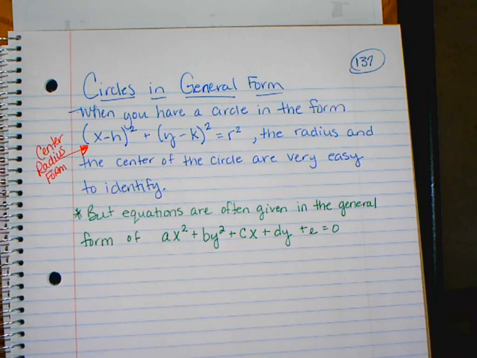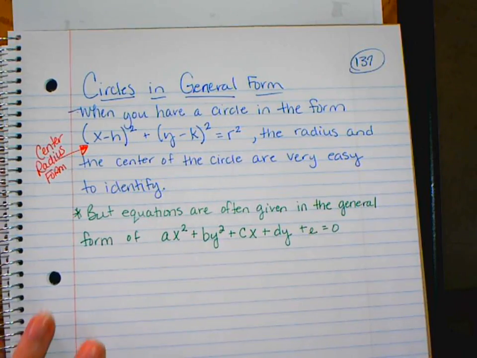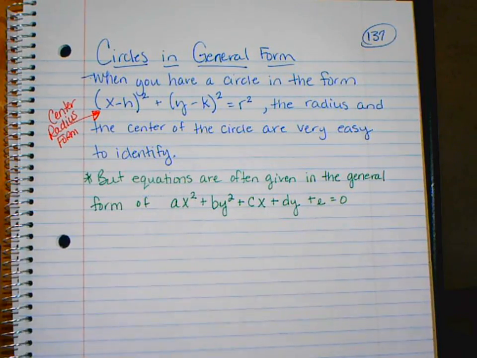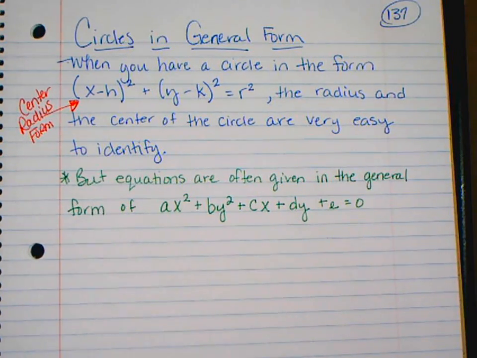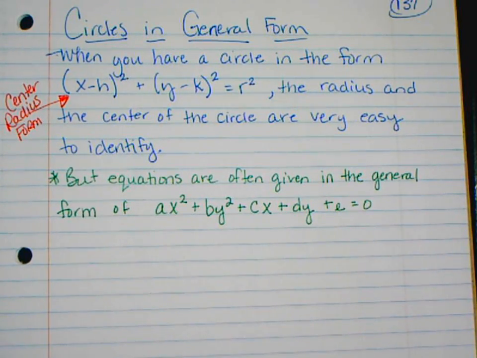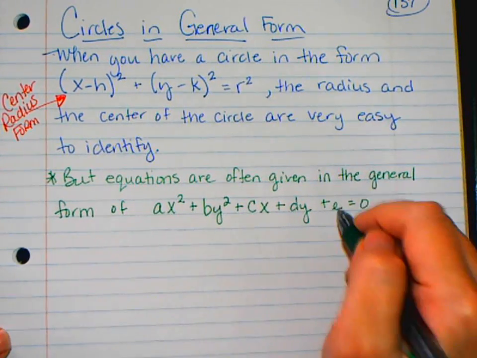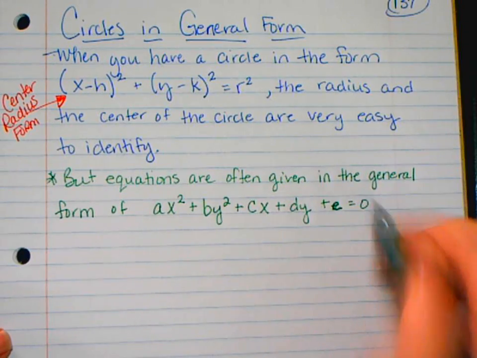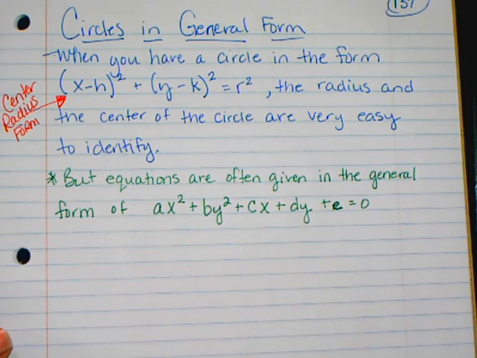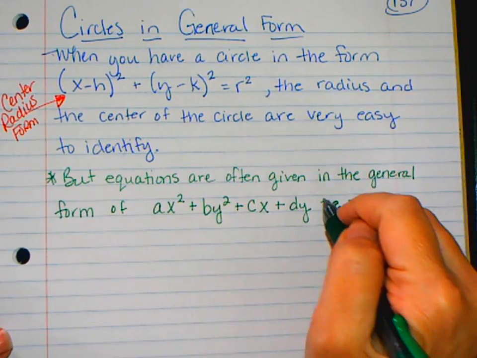What? Ax squared plus by squared plus cx plus dy plus e equals 0. Why don't we just do the whole alphabet? And my e is a cursive e. It's not the natural number e. It's just e.